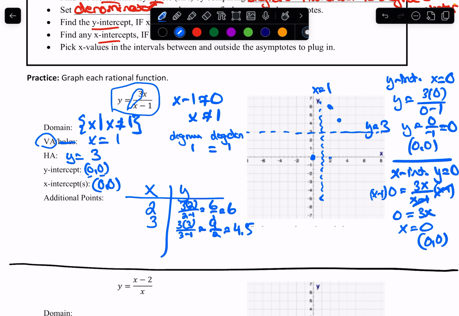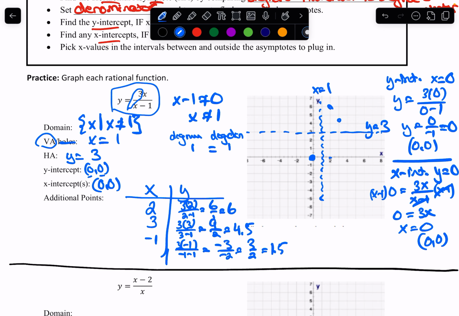Let's do the other side. So we already know that it crosses in (0, 0). What we want to know is where is x equals negative 1. So we're going to plug in 3 times negative 1 over negative 1 minus 1. So negative 3 over negative 2, so it's 3 over 2, which is 1.5.